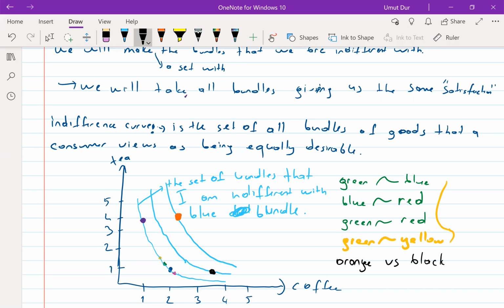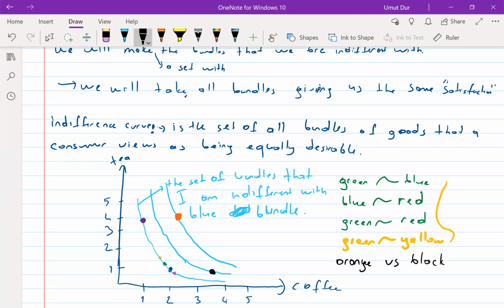Can you be indifferent between the orange and the black bundles? There are some answers, yes and no.